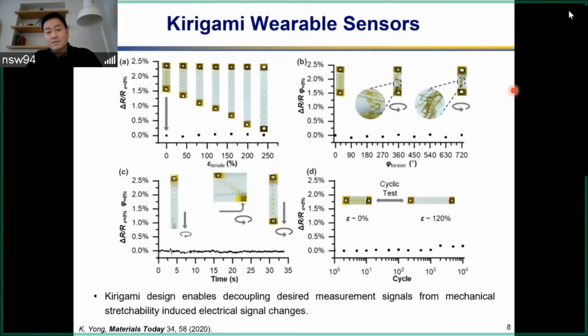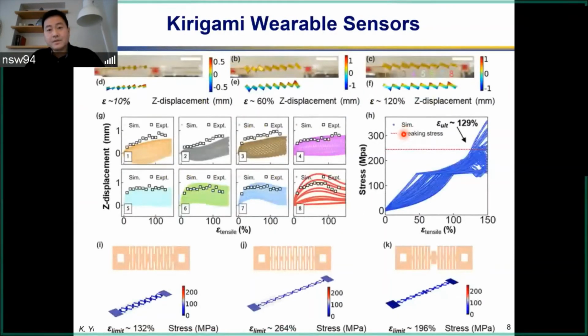Although, as we know, most of the semiconductors or materials have piezoresistance, and it looks like we're able to completely not see that aspect by creating this particular Kirigami structure. So we wanted to understand what's happening with this Kirigami under this deformation as I talked about.